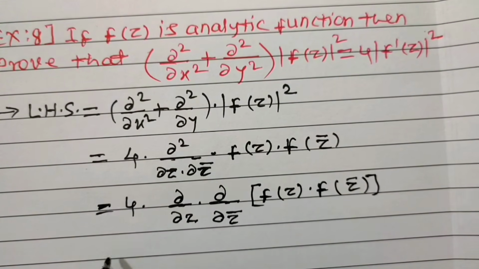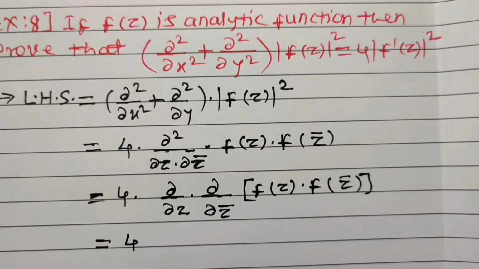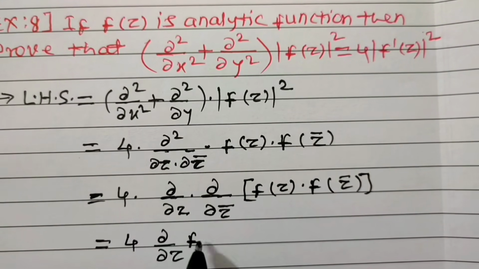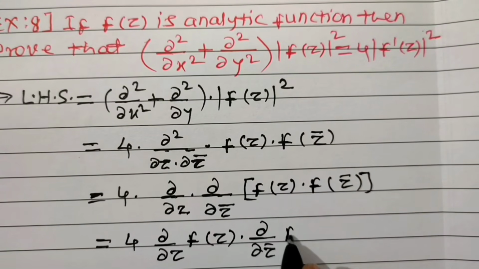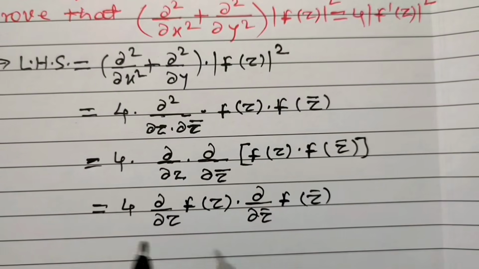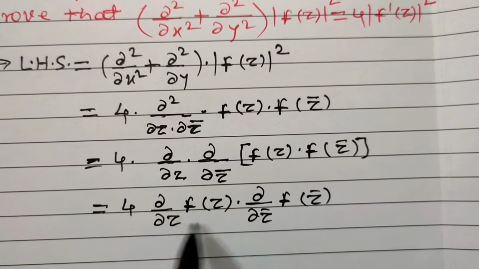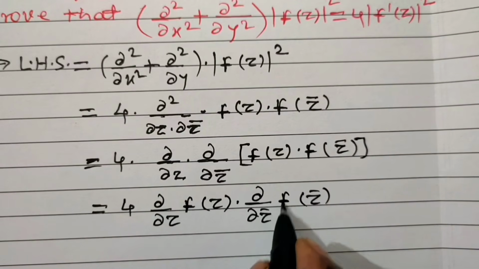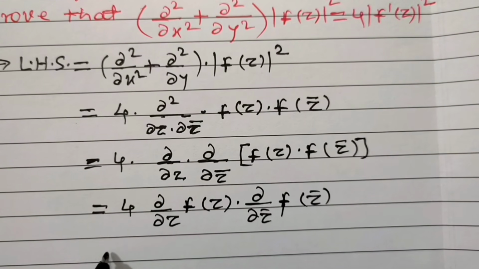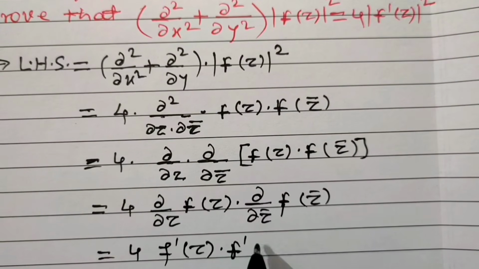So this is equal to 4 times ∂/∂z f(z) into ∂/∂z bar f(z bar). But ∂/∂z f(z) is nothing but f'(z), and ∂/∂z bar f(z bar) is nothing but f'(z bar). So this is equal to 4 times f'(z) into f'(z bar).